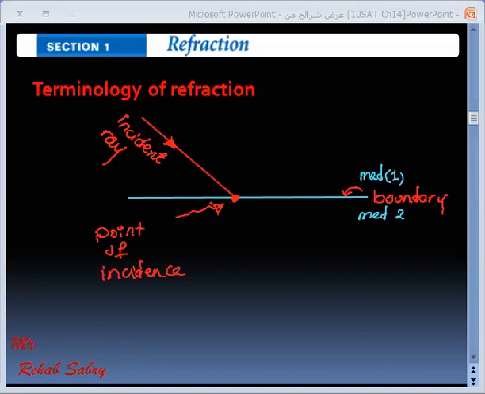Well, now before everything, we have to sketch a normal line. This line should be normal to the surface, like this.